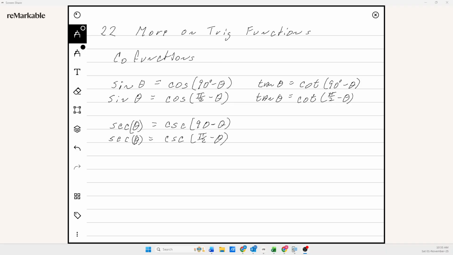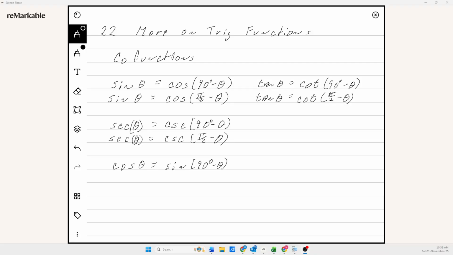And this works both ways. So the cosine of theta is equal to the sine of 90 minus theta. That's always the case, and that works for all of these. We can go backwards. And let's just look at an example of that.